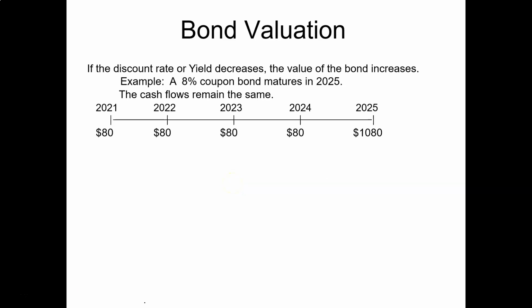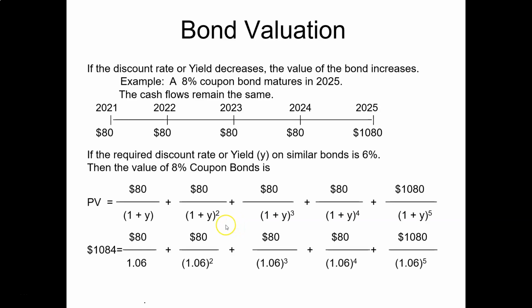Now let's do the alternative exercise for this bond valuation problem. Suppose now we have a lower discount rate. It is 6%. We want to calculate the present value of cash flows with this discount rate 6%. For the cash flow in 1 year, it will be $80. The present value for cash flow in 1 year will be $80 over 1 plus interest rate.